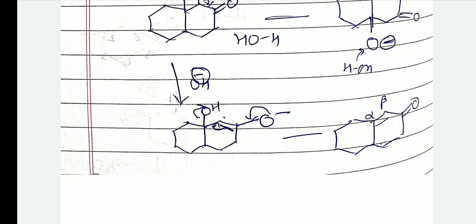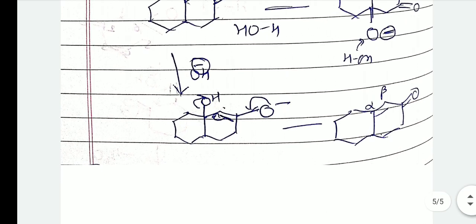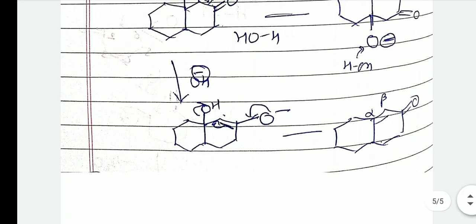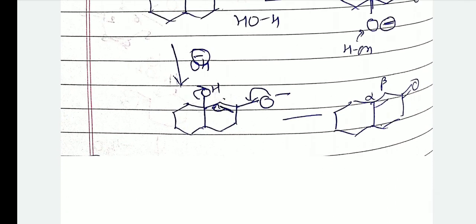We can say this is an extension of the Mannich reaction, in which the Mannich reaction product is not cyclized. The cyclization takes place by the Robinson annulation. So the Robinson annulation reaction has great importance in steroid chemistry for the preparation of a lot of steroids.